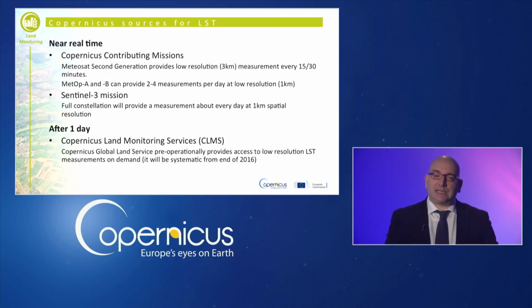The Copernicus land monitoring services include the Copernicus Global Land Service, which provides access to low-resolution land surface temperature measurements on demand over the whole Earth. Such service uses the above-mentioned missions and other ones that are freely available.